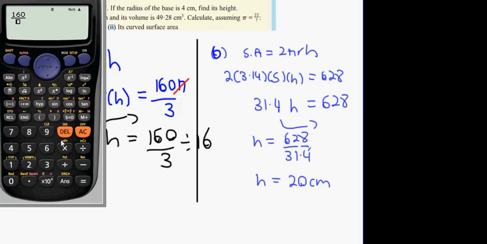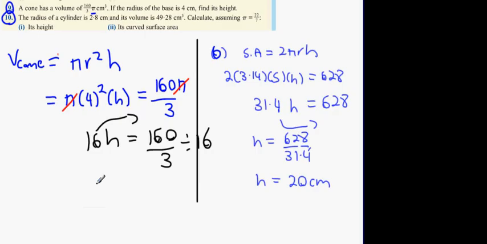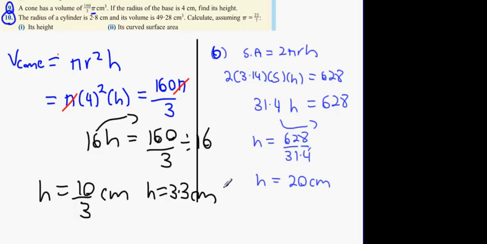Just make sure you do it properly, okay? What we get is 10 over 3 or 3.333. I'd probably use 10 over 3 as it's more accurate, but write them both down. You're not going to lose marks for having it in 2 different forms unless it specifically states it.